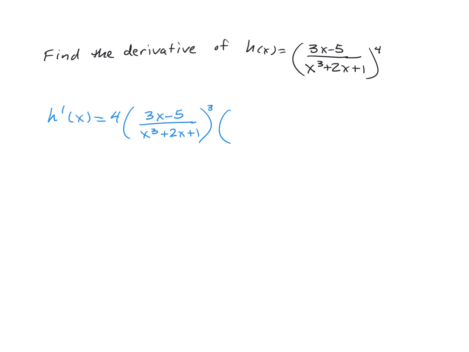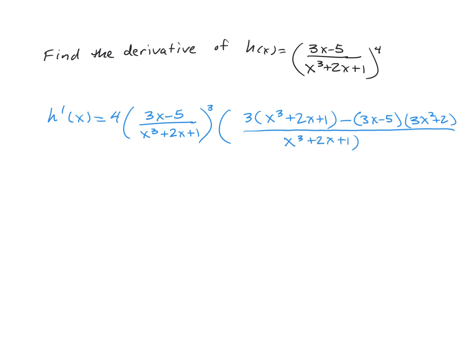The derivative of the top is 3 times the bottom, minus the top function times the derivative of the bottom, which is 3x squared plus 2. And we all know that's going to be over top of our denominator, (x cubed + 2x + 1) squared. So that is our first down payment on our derivative.